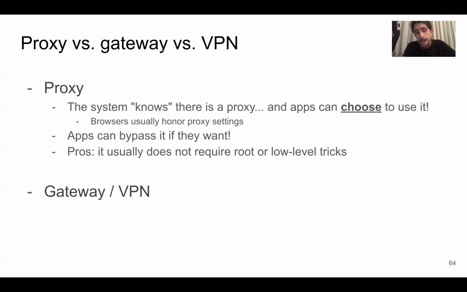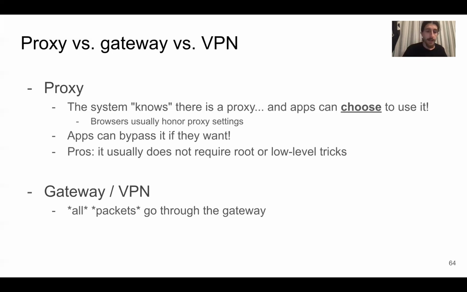Now, the other thing is the gateway and VPN. Again, I'm not going to go through what a VPN is, but the idea is that you have a point where all your packets go through, independently of whether it's a specific protocol or the app just sends things, and then these packets are redirected through this central point, which is called the gateway, and there is no way around it.